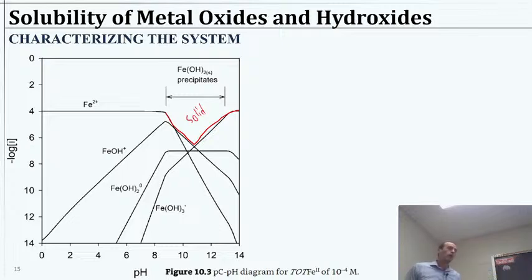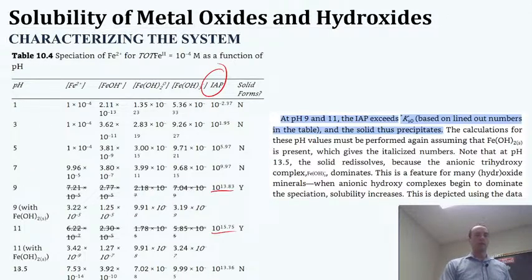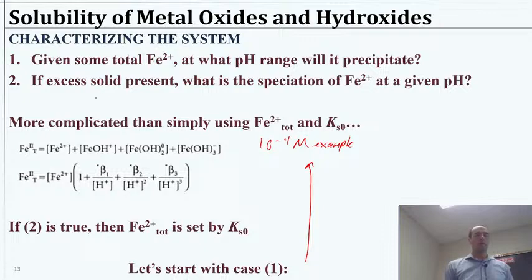So this is that first question: if we have some amount of iron, at what pH do we form precipitates? This is our route to that solution, essentially taking hold of this equation and solving it a bunch of times. That's one place where we can see a computational approach is quite helpful.